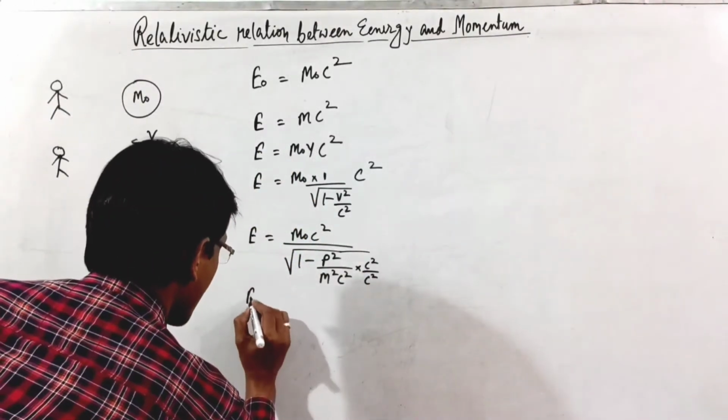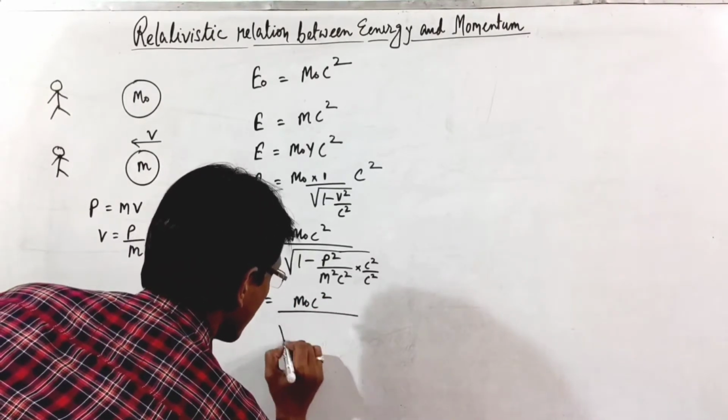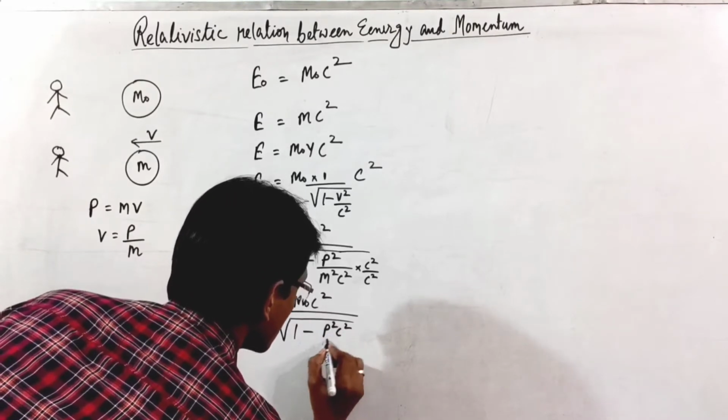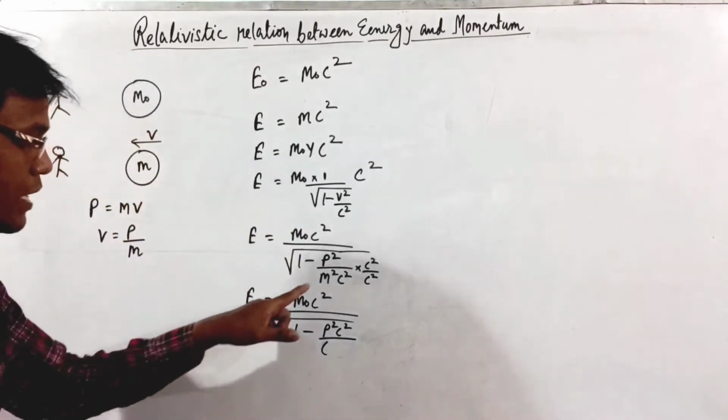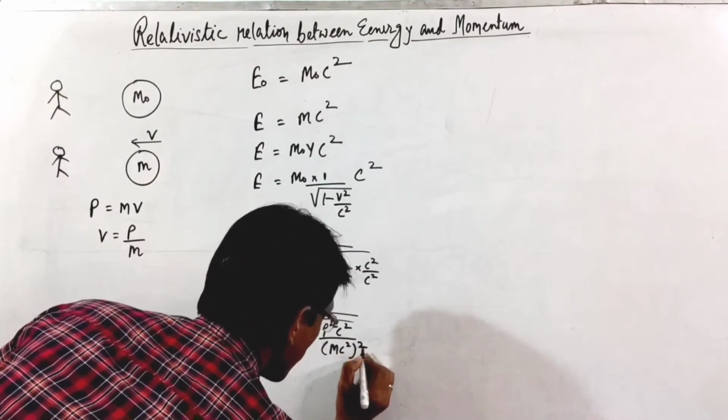Now we can write E equal to m0 c square divided by under root of 1 minus p square c square divided by the whole square of mc square.